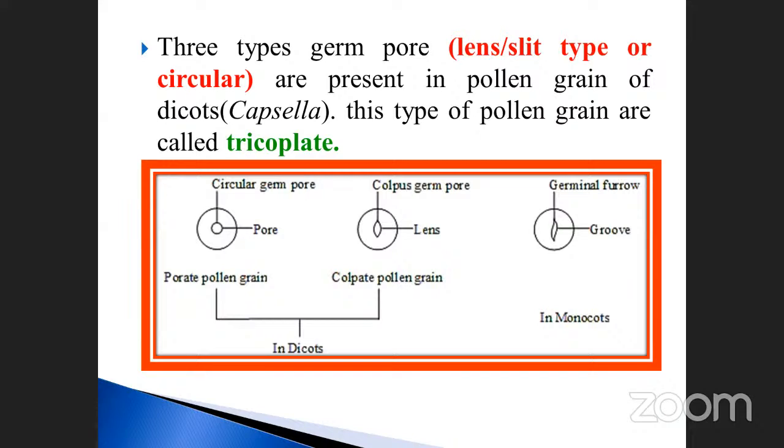See, the first one is called a circular germ pore. See, this is the pore, just a small opening, but the structure is circular.